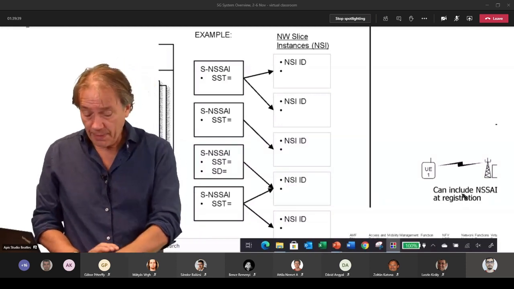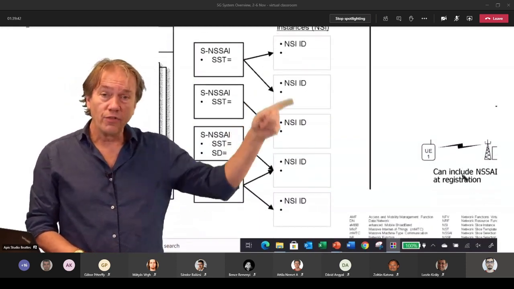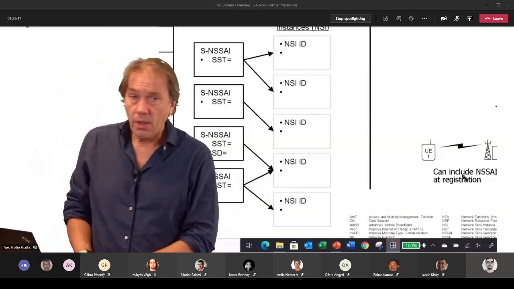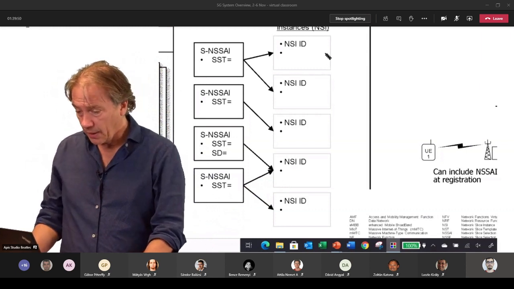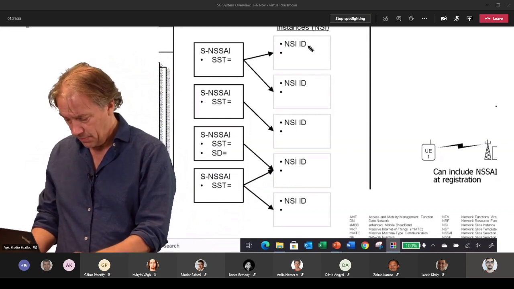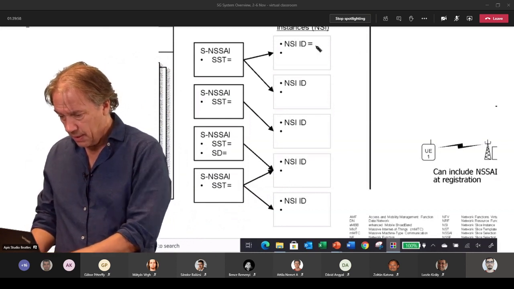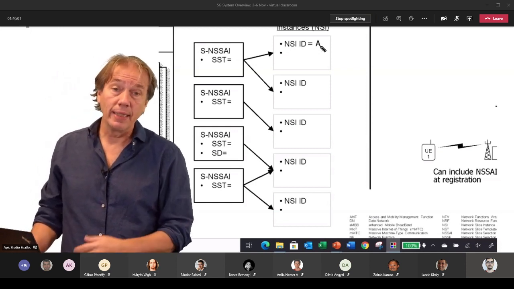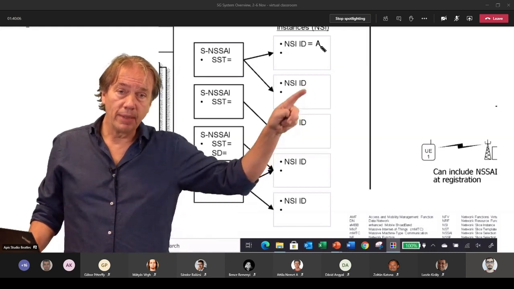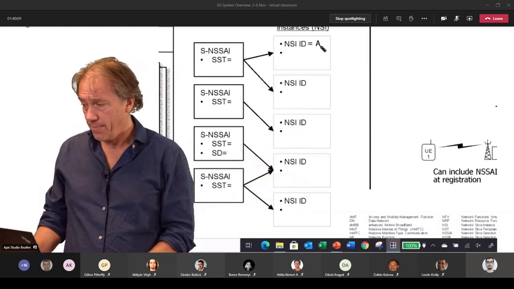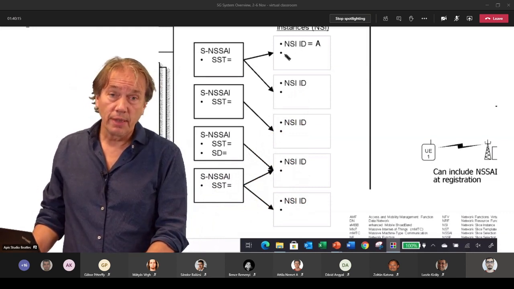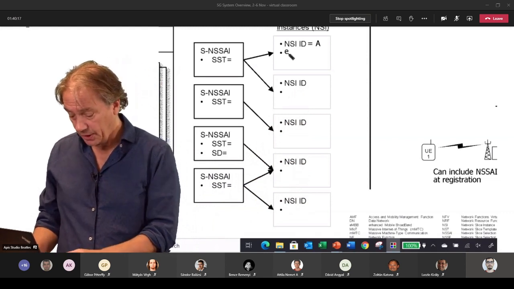And let's say in this example that there are 5 network slice instances in the network, each one of them with a network slice instance ID. And I will simplify things a little bit and say that the IDs are A and B and C and D and E. And let's assume also as an example that this is an eMBB type of slice.